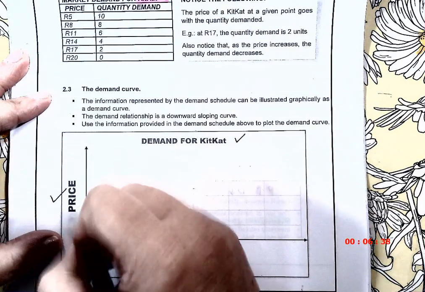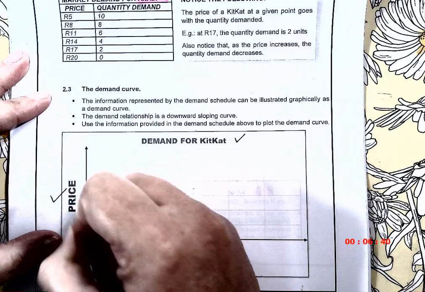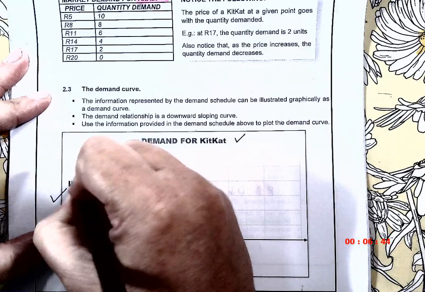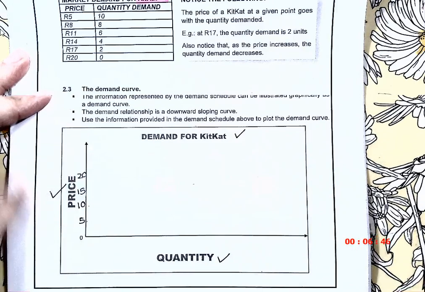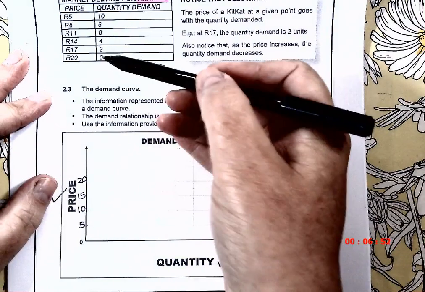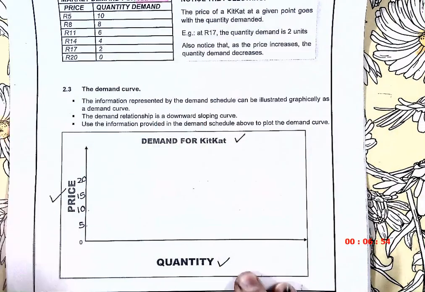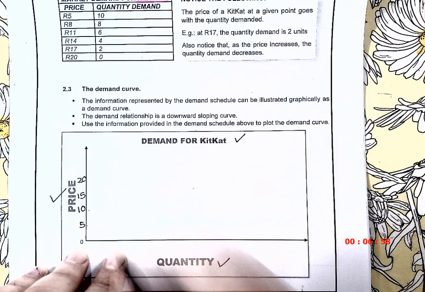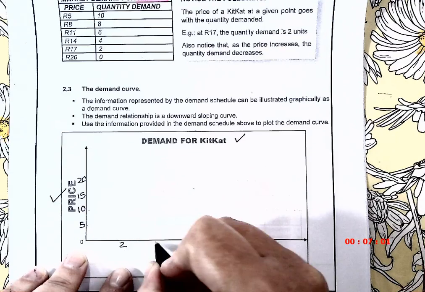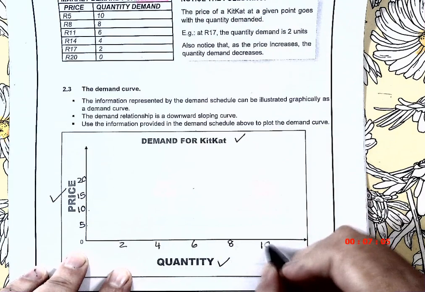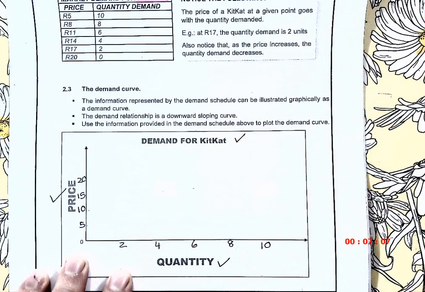I'm going to make it 5, 10, 15, 20. And my price is obviously in rands. Quantity, I see it's 0 to 10. So, can you see the lines? I'm going to make it 2, 4, 6, 8, 10. Happiness. Yes.